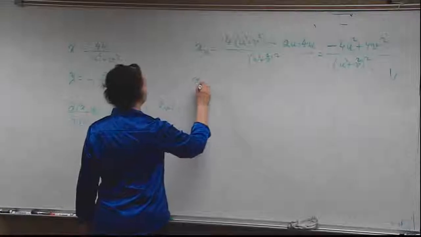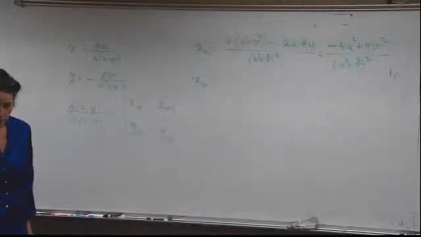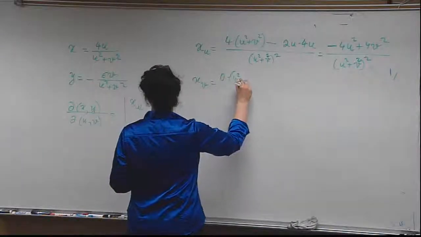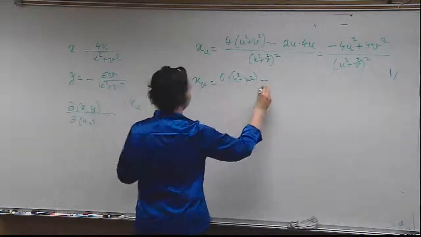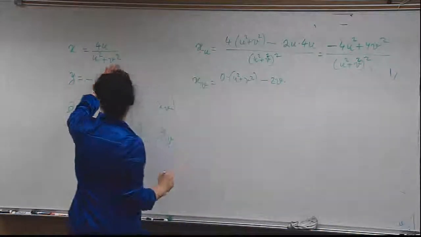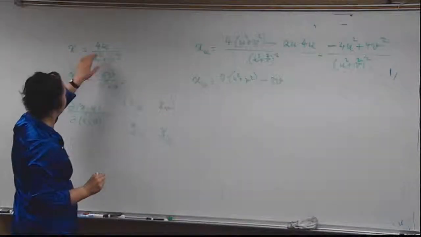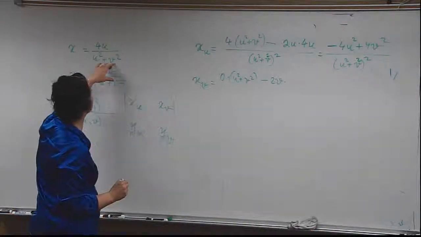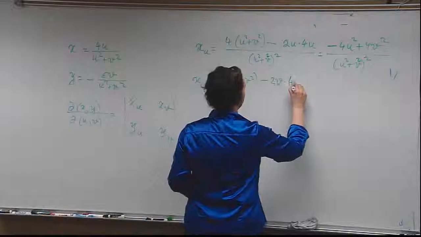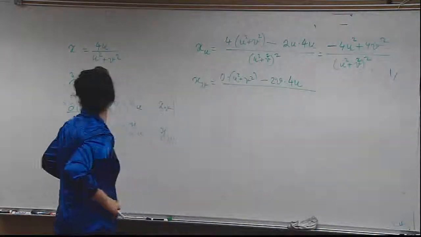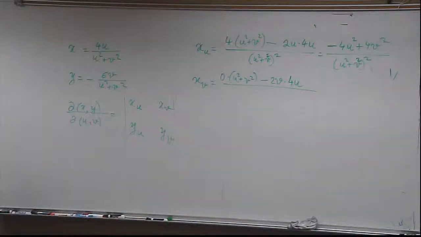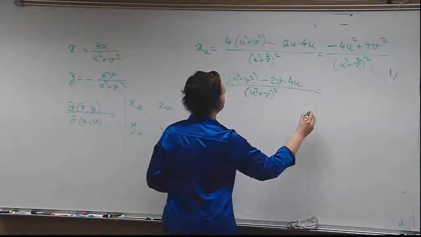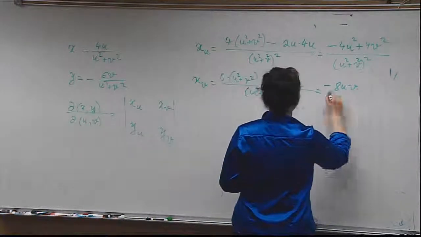x sub v. Well, that should be easier. Why is it easier? The first guy prime, second unprime, minus second prime with respect to v times the first unprime, divided by (u squared plus v squared) squared, which is minus 8uv over that.